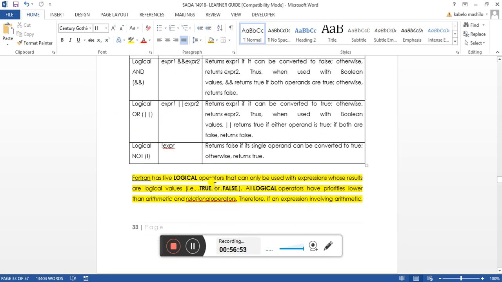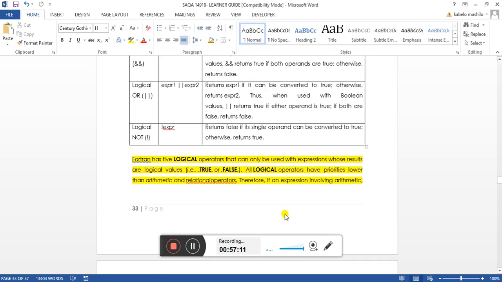Fortran has 5 logical operators that can only be used with expressions whose results are logical values, true or false, and all logical operators have priorities lower than arithmetic and relational operators.